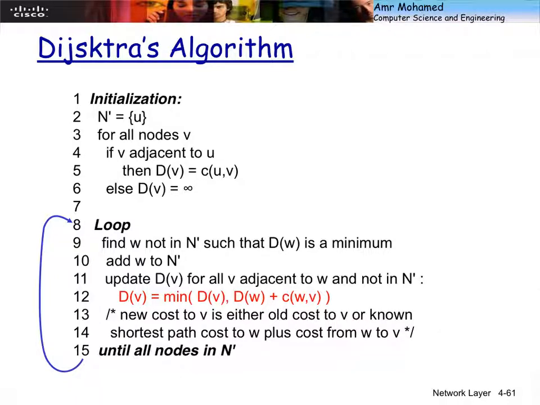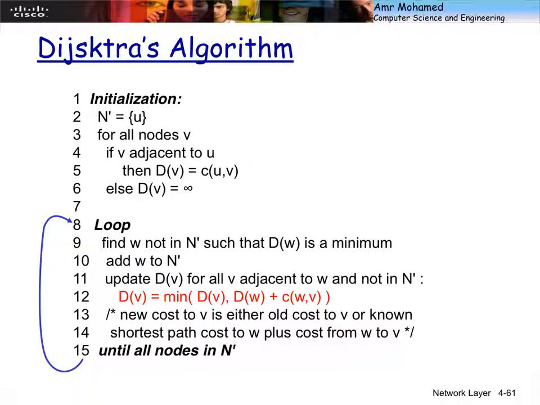And hopefully, through certain iterations, you can enhance this infinity and get it to the minimum cost path, as we will see. So the initialization phase tells you that there are two steps mainly.